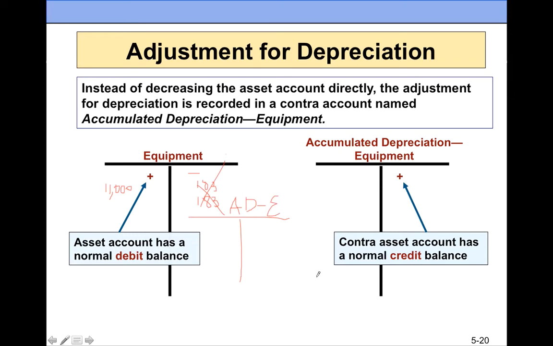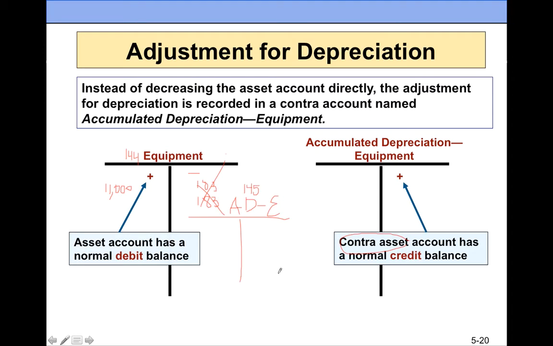It's a new type of account. It's called a contra asset account. Contra asset. So what it means, it's an asset that always travels with the main account. So if equipment account number is 144, then accumulated depreciation will be 145. If I list equipment on the balance sheet, right under equipment, I will list accumulated depreciation dash equipment.